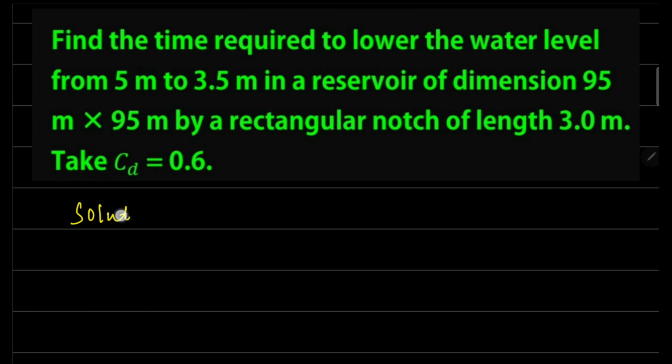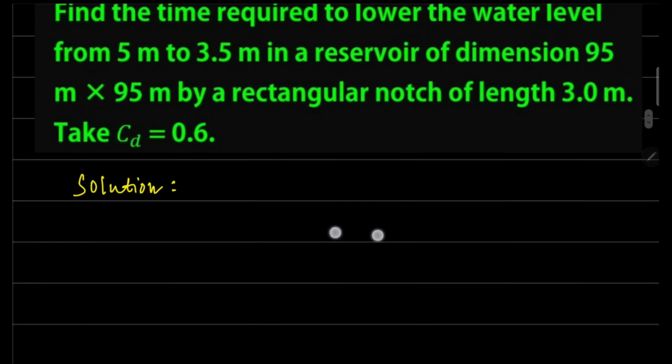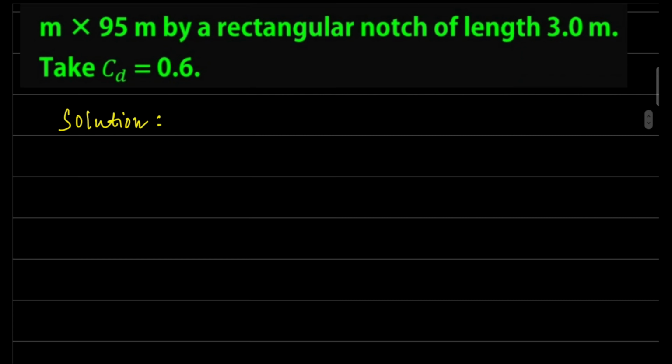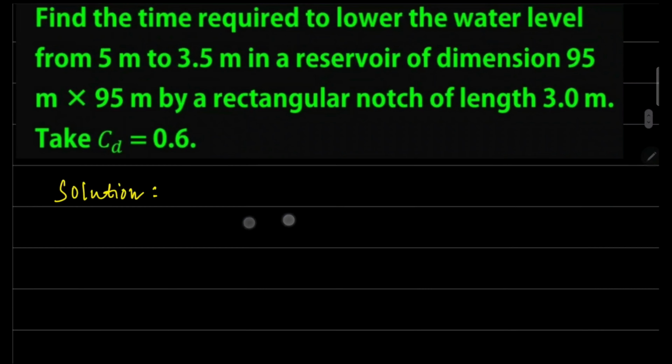So the solution can be obtained by first figuring out all the parameters which are given. The initial level of the water we are assuming is h1, and that is 5 meter. With some time the water level gets to a height of 3.5 meter, that is h2.